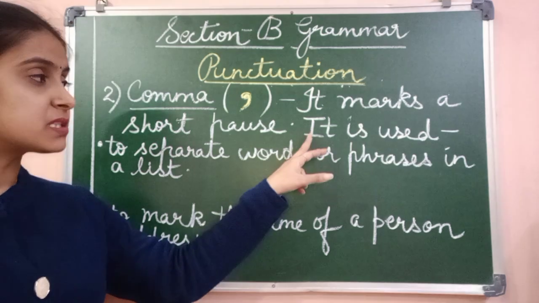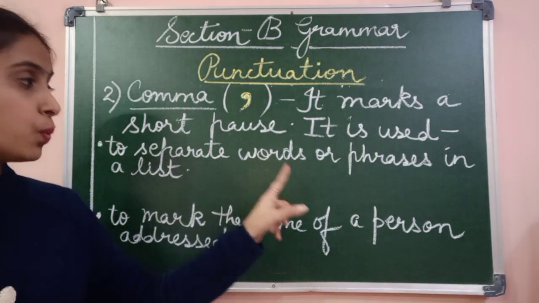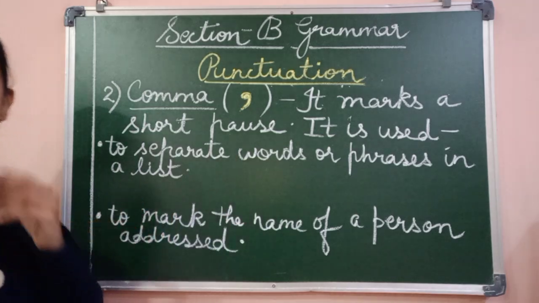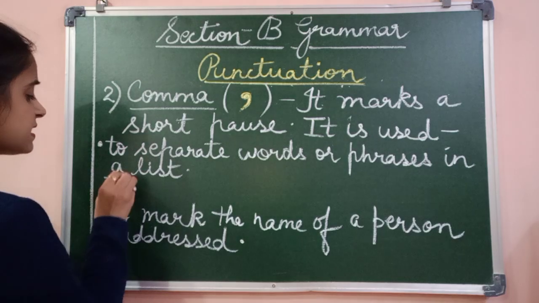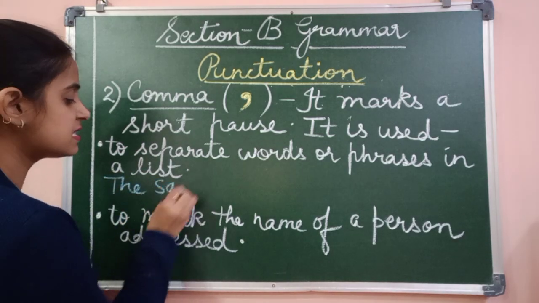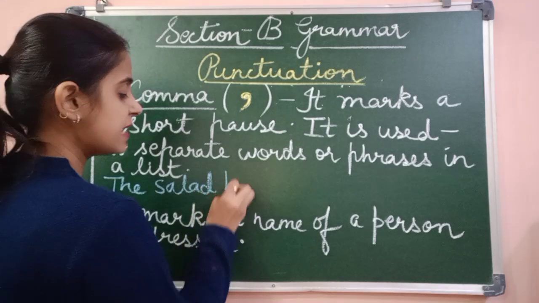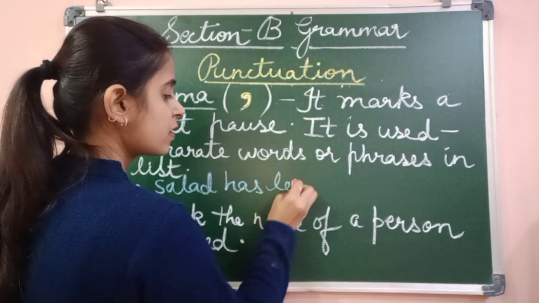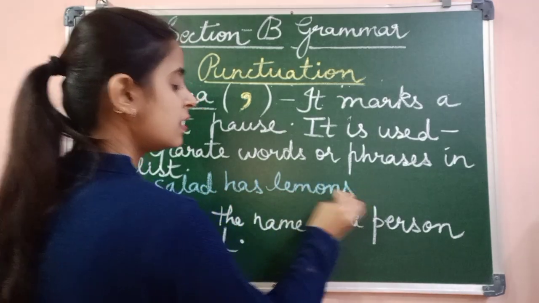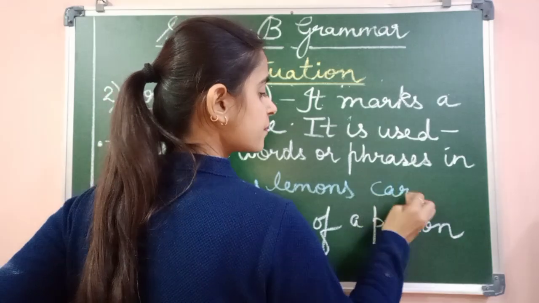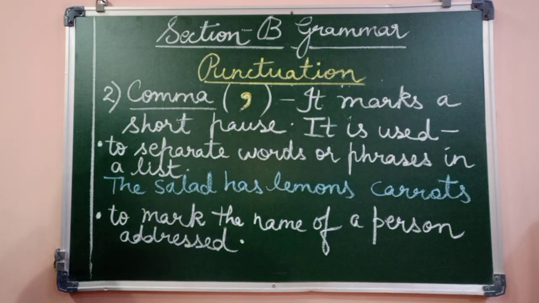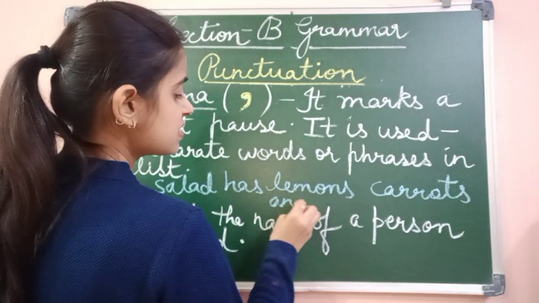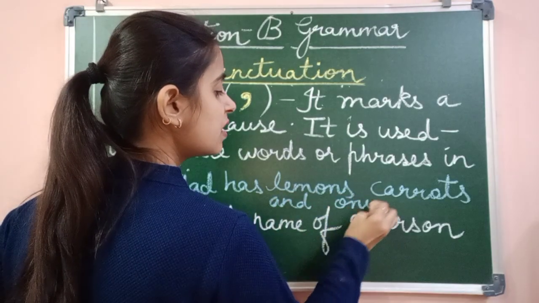Apart from this, it is used to separate words or phrases in a list. Now, how children it is used to separate words or phrases in a list? For example, I write, the salad has lemons, carrots and onions.